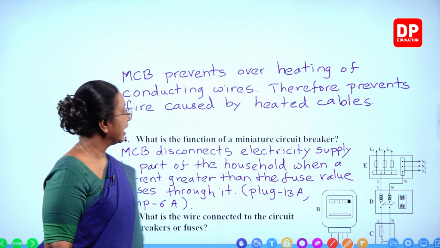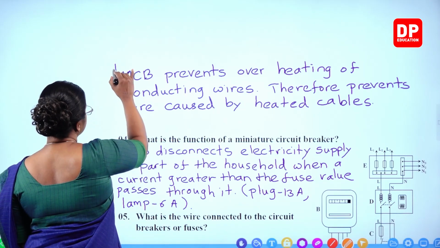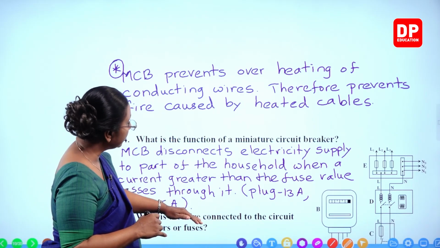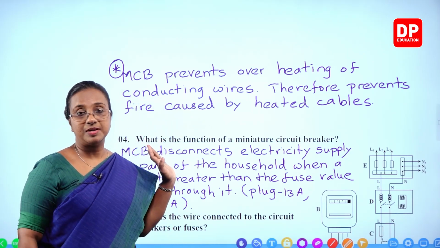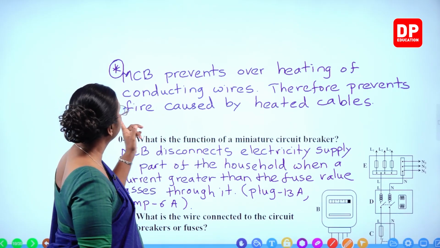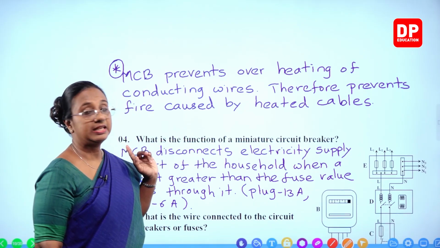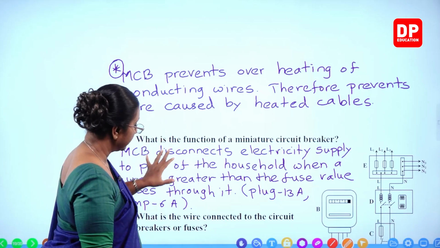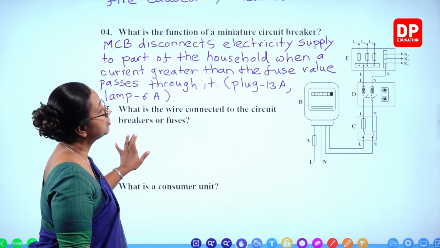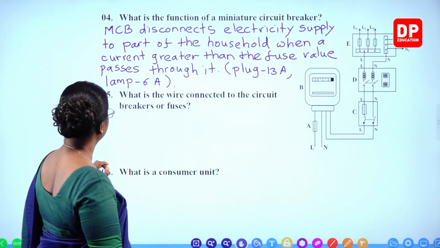If you want, you can include that as well. So this is again, I have given the function, but by doing that, this is what happens. It prevents overheating of conducting wires, therefore prevents fire caused by heated cables. So that is a precaution, a component used for precaution, right?